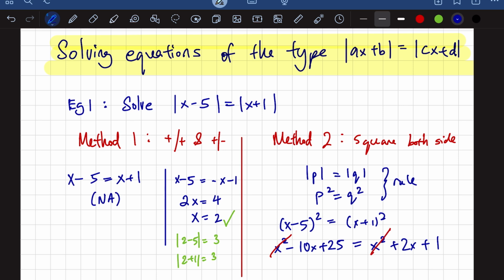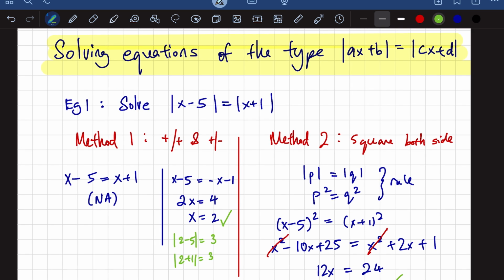Simplify that and we have 12x equals 24. Therefore, x equals 2. And just like before, we know that this is going to be true. So these are the two methods you can try, the plus plus and plus minus, or square both sides, if there is a modulus equals a modulus. Both sides have to be of the linear type.